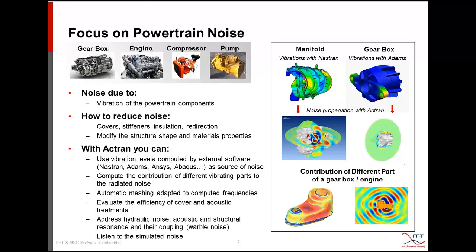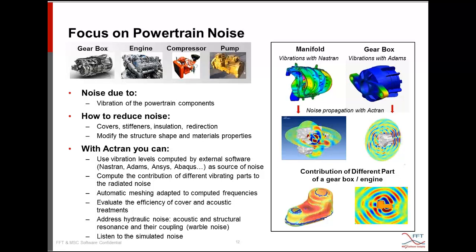Our software will also allow manufacturers to compute the contribution of different parts of the engine to the radiated noise, as illustrated by the pictures at the bottom left, at a given frequency. On this picture, the color of the gearbox indicates in dB the noise contribution, red surfaces being those that radiate the most.